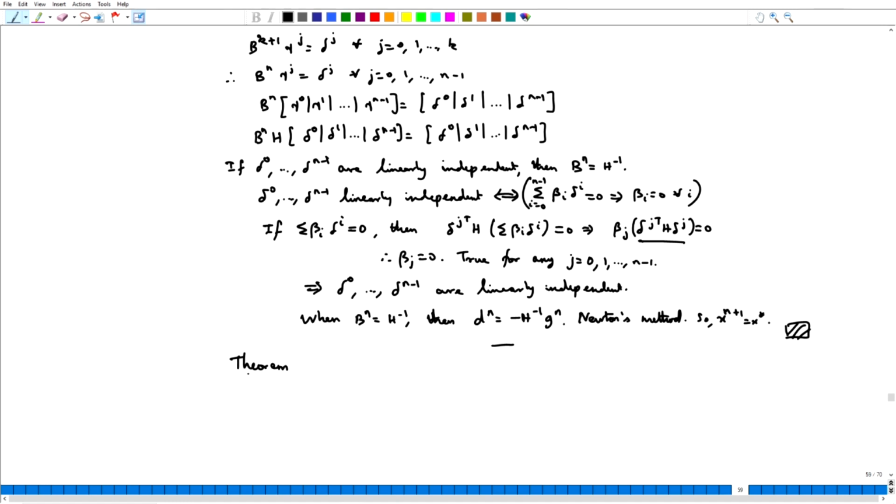The theorem is as follows. Consider minimizing f using the DFP method, where the step size, or rather alpha k, is chosen using exact line search.